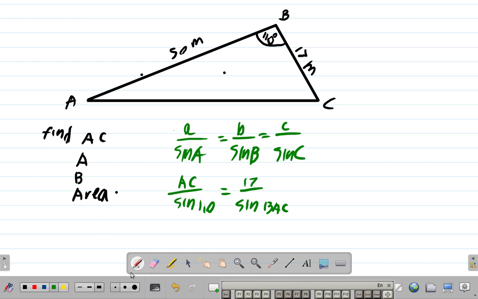Even though I wrote A here, I could have it as BAC and B will be the same as ABC. Same thing here.